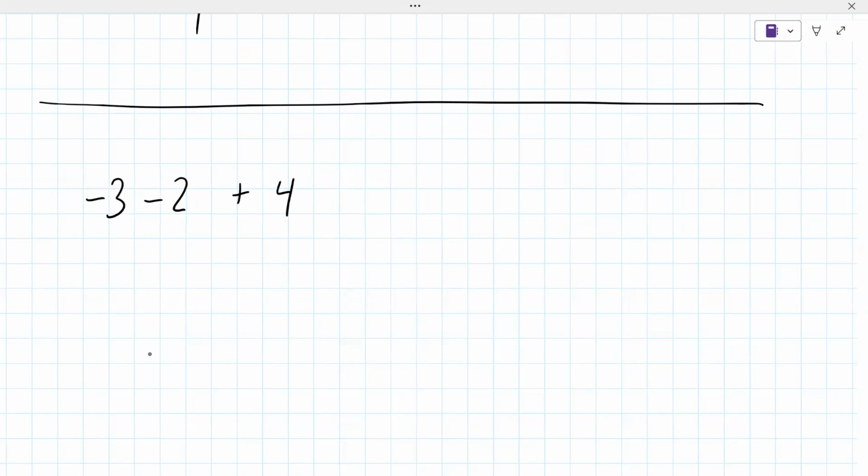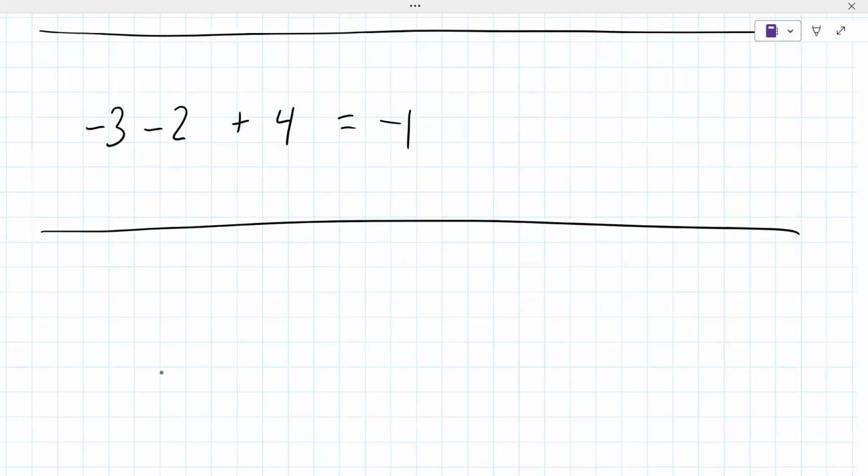There's a 5. Bring down the 4. They're both different signs. 5 subtract 4 will be negative. Okay, I got the answer. My final answer is -1. Yes, very good.